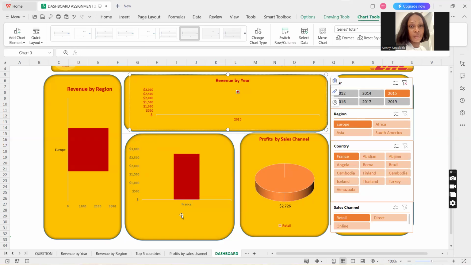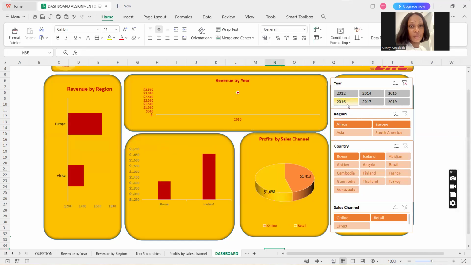And in Europe, it's just France, while we had like 3 European countries in the sales table. But it's just France that was able to make it. And they used only the retail sales channel. So this is 2015. As you can see, this is the data for 2015, from the revenue by year to revenue by region to the top country to profit by sales channel.